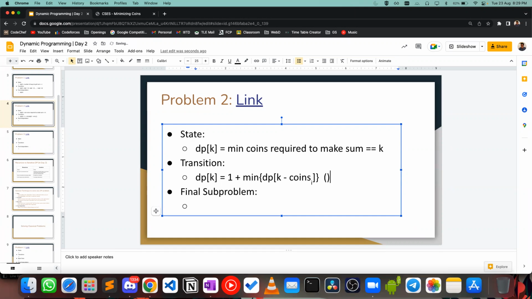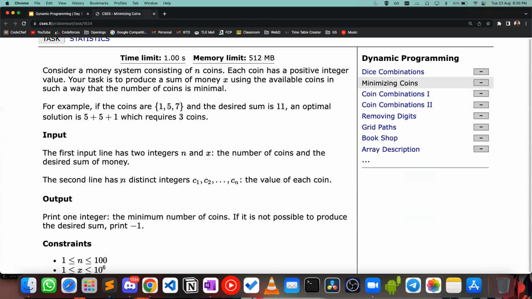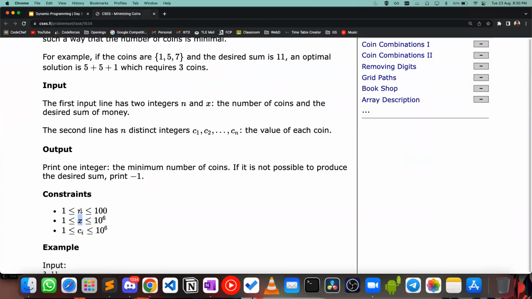You can represent it like this, that i is going from, if you're considering zero-based indexing, 0 to n minus 1. Right? And what is the final subproblem? dp of x. According to this problem statement, we have to construct a sum of x, and n is the number of coins that you have.